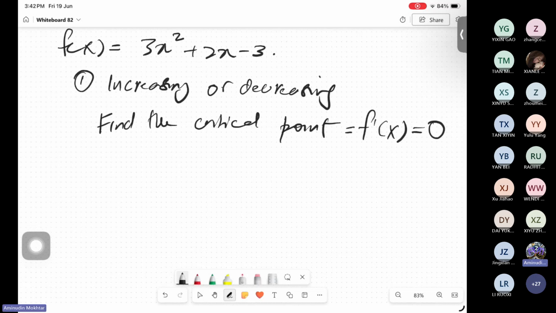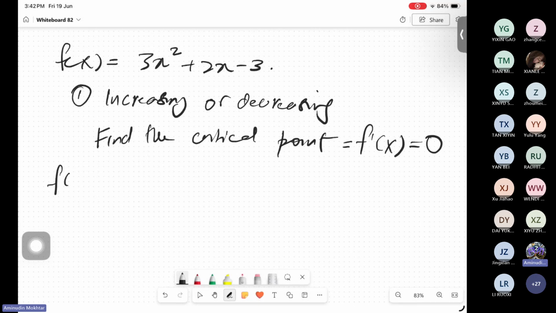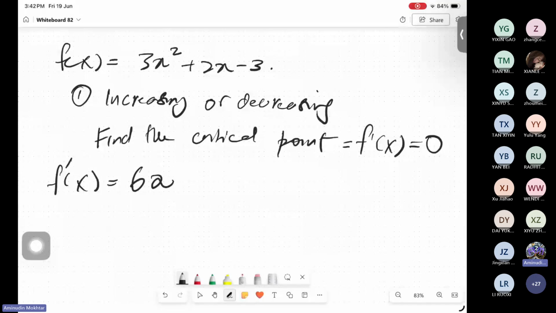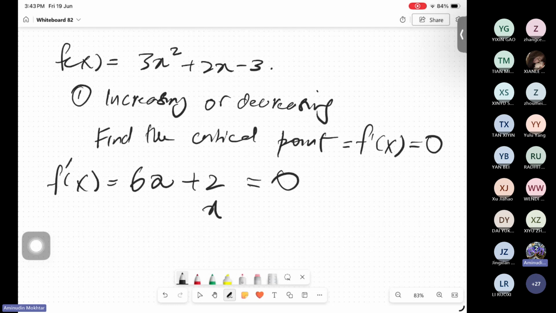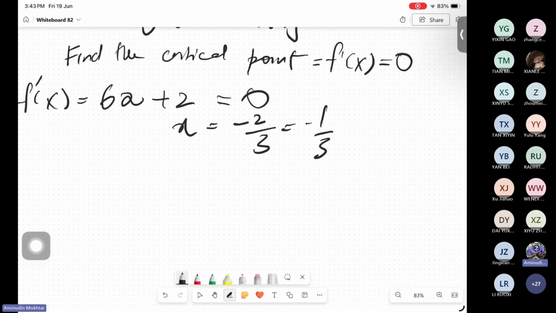So the first step, we need to take the first derivative. The first derivative of this function, f prime x, is equal to 6x plus 2, and set it equal to 0. So we know that x equals negative 1 over 3. This is the critical point.